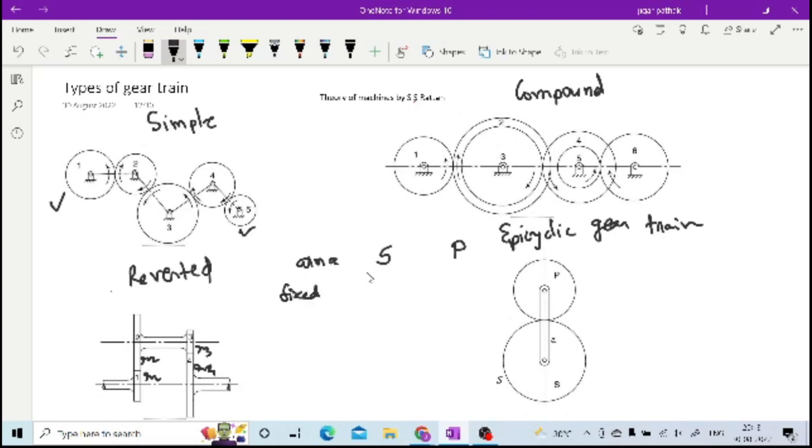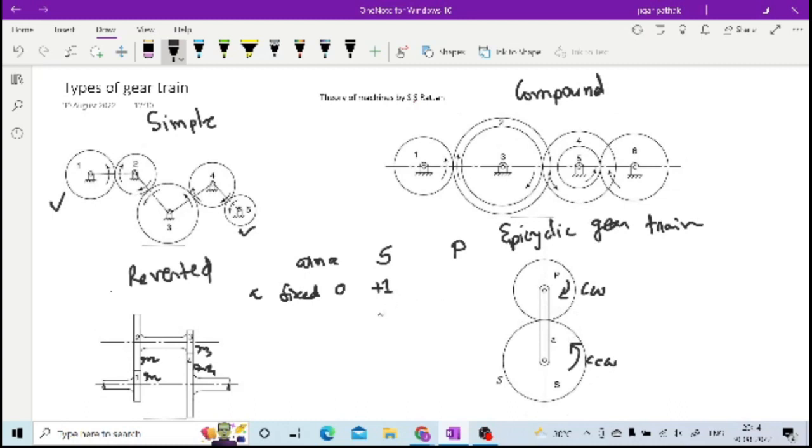It means it is not going to provide any motion, and you are providing +1 motion. Since A is fixed, the speed of arm A is 0, and you are giving +1 revolution to S. We are going to consider counterclockwise as positive, and this may rotate clockwise because of external gear contact. If this is moving counterclockwise, then this will move clockwise.